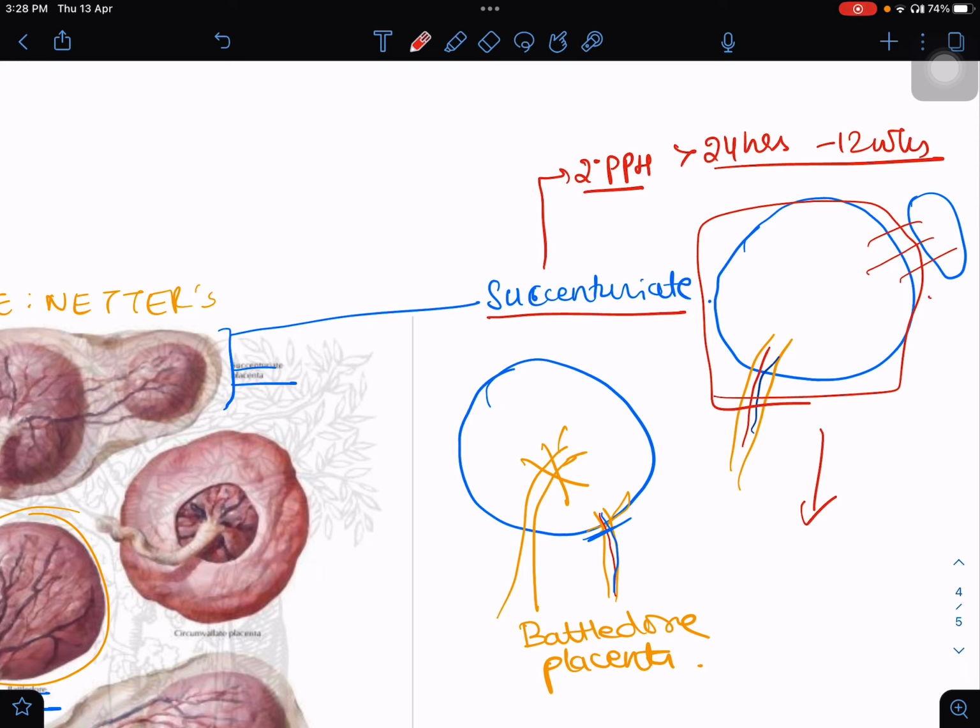But what if she comes the next day with bleeding and you realize a part of the lobe is still left behind, causing an unexpected secondary PPH? This retained bit of placenta will lead to secondary PPH, so you need to make sure all the bits of placenta are out and she is not going back home with retained placenta.